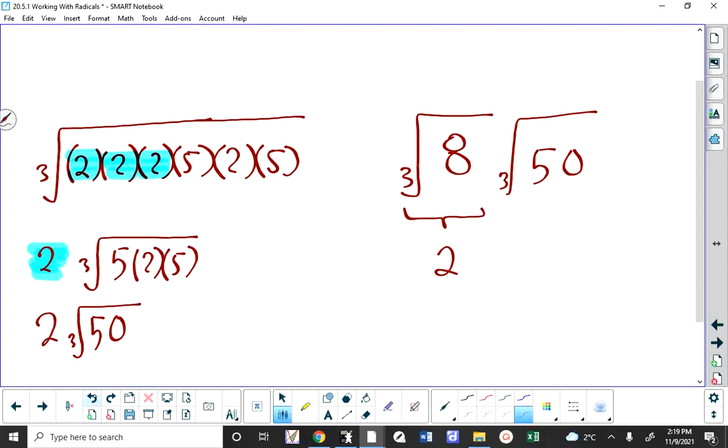That's confusing. The cube root of 8 is the number that you would cube to get 8. It's the number that you would multiply by itself 3 times to get 8. Well, that's why we extract a group of 3, but we write it as a single 1. A single 2 is what I mean. Like we write a single item, and that item happens to have a value of 2.